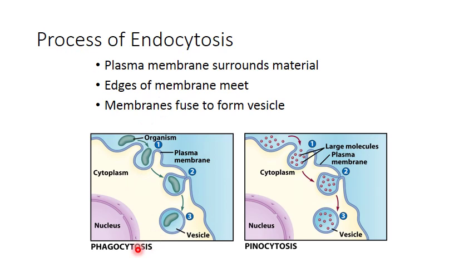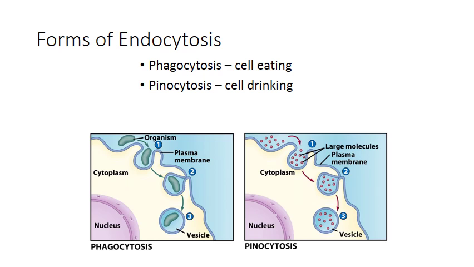This can happen in phagocytosis, which happens with bulk material or organisms. And then there's pinocytosis, which is the movement of bulk fluids or solutes across the membrane. Again, phagocytosis is cell eating, pinocytosis is cell drinking.